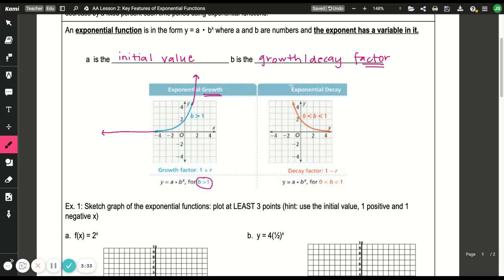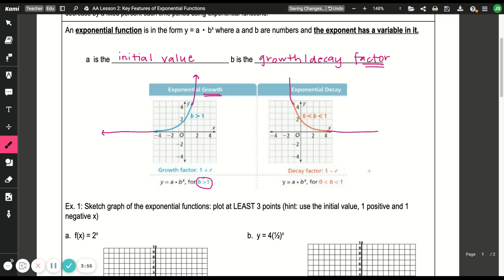Exponential decay means that something is decaying, or you're getting less and less of something. So maybe the high school has rats, and we put out rat poisoning, and then we're going to kill them. So there's fewer and fewer and fewer and fewer rats, right? So this side actually would come from way up here, pretty steep, and then this side would flatten down.